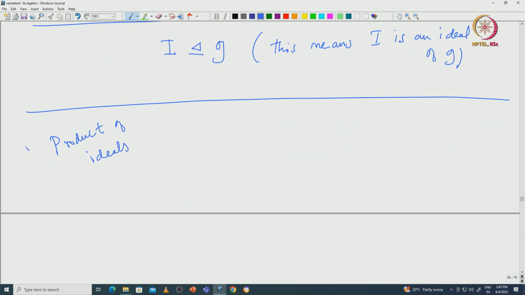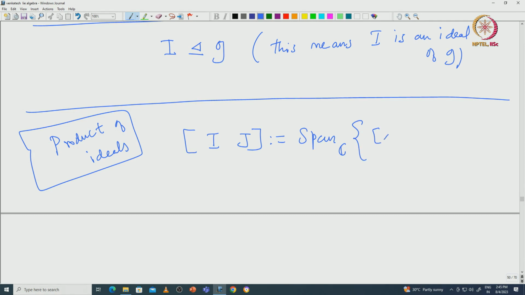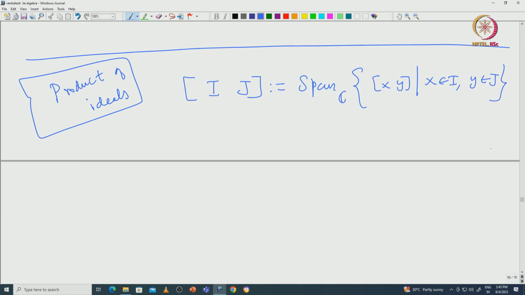You denote it by the bracket [I, J]. What is this bracket [I, J]? You take it to be the span of all brackets [x, y], where x is coming from I and y is coming from J. Now what do we claim? We claim that this is again an ideal inside G.